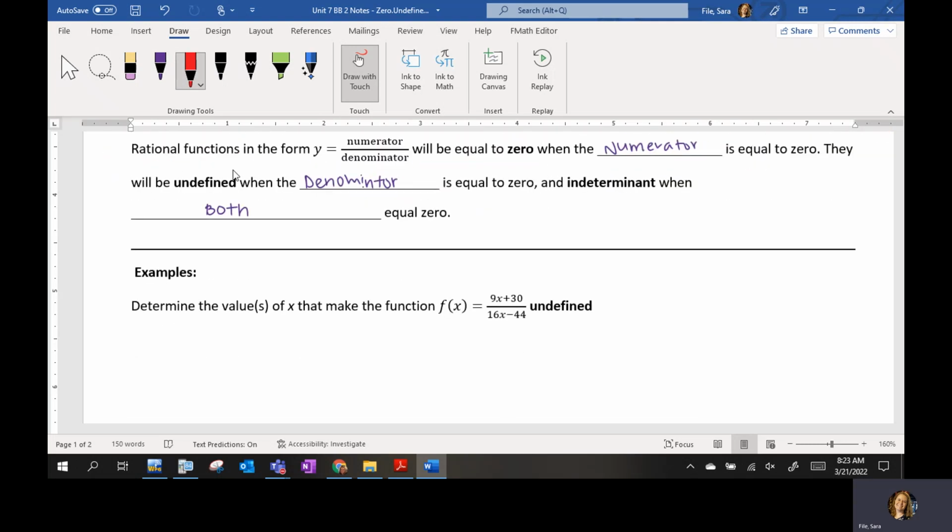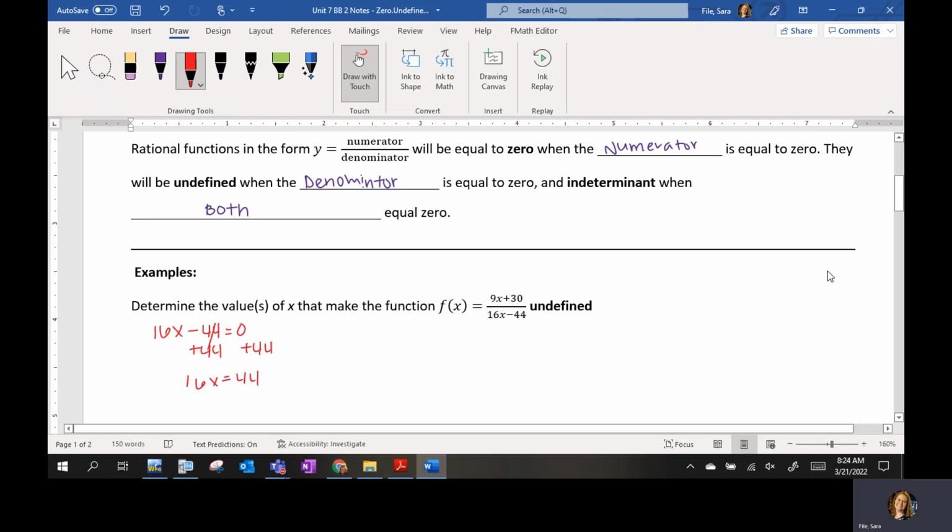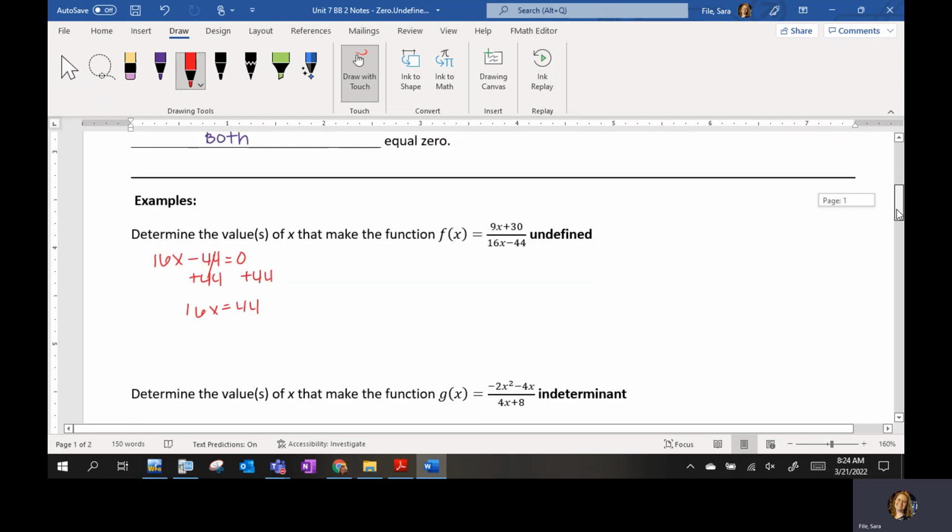To make it undefined, what's going to be 0? The denominator. So to solve, I'm going to set the denominator equal to 0 and solve for x. I would add the 44 over. What you do to one side, you do to the other. And then I would divide out the coefficient.